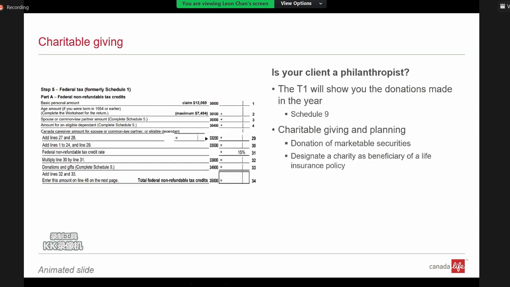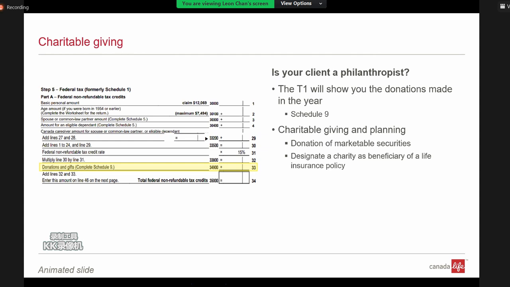Last of all, from the T1 perspective, charitable giving. That really helps in understanding if your client is a philanthropist, right? And the T1, on Schedule 9, really does show you what type of donations they are making on an annual basis, right?